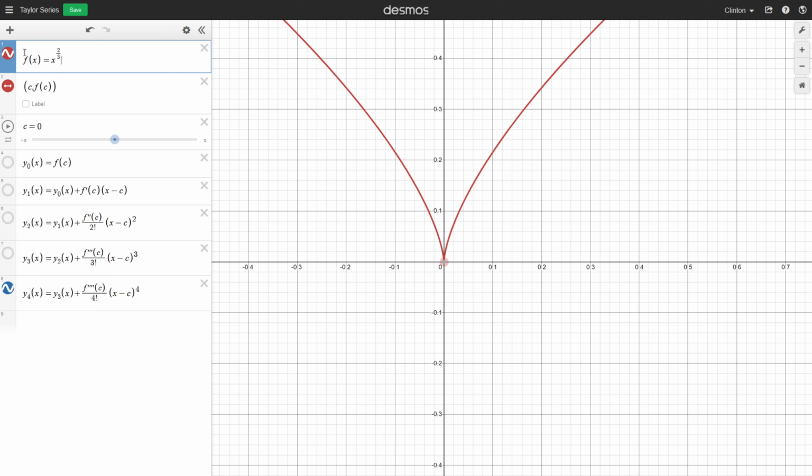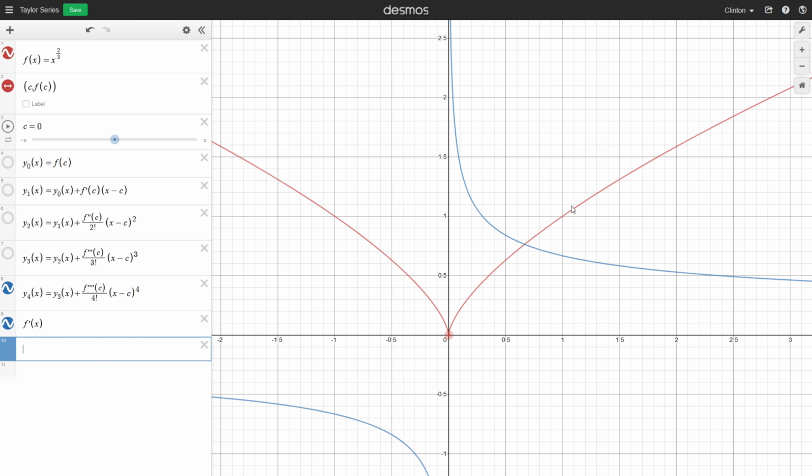If we actually take a look at the first derivative of this function, we can graph this. We'll just graph f prime. So f prime is this function in blue. So you can see that as you approach 0 from the right, the value goes to infinity.